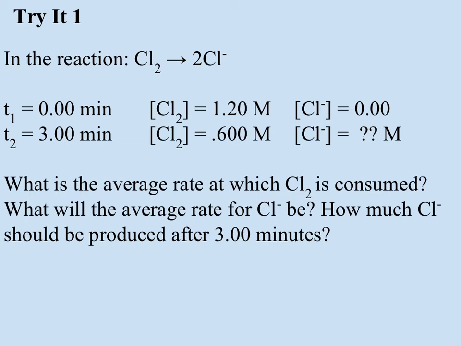And so looking at my reaction, I see that I should expect to get 2 moles of Cl minus for every 1 mole of Cl2, or actually moles per liter, you go with the concentration here. So I can expect that my reaction rate is 0.800 moles per liter minute based on the Cl minus.